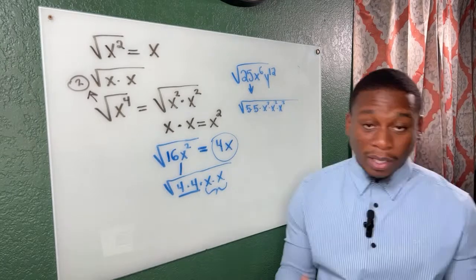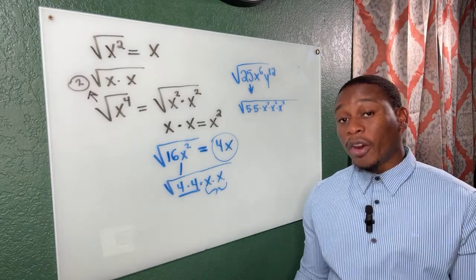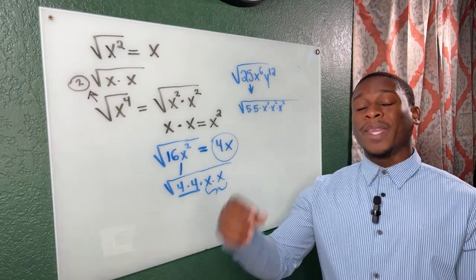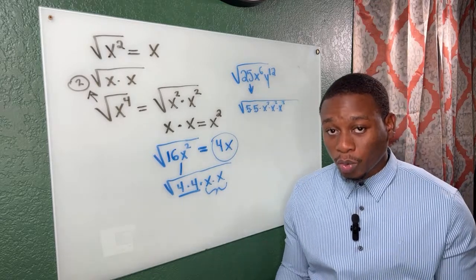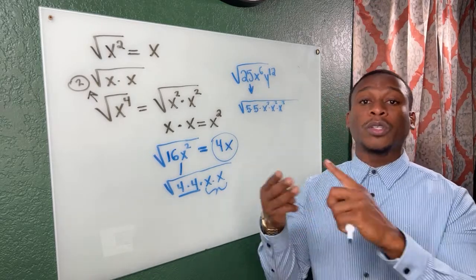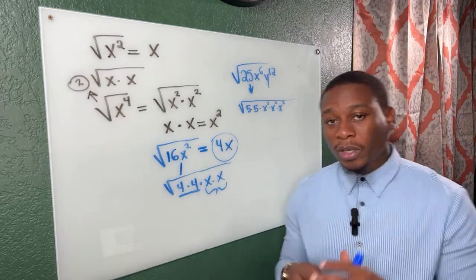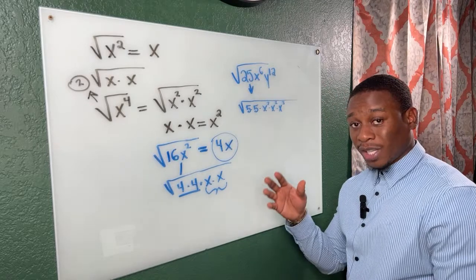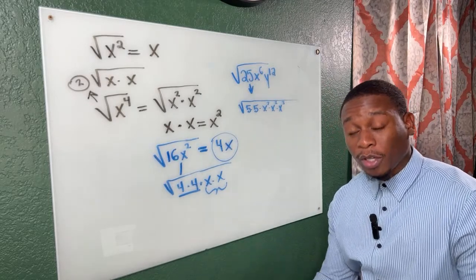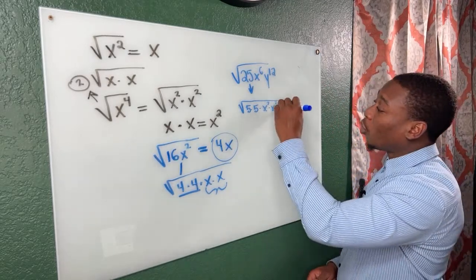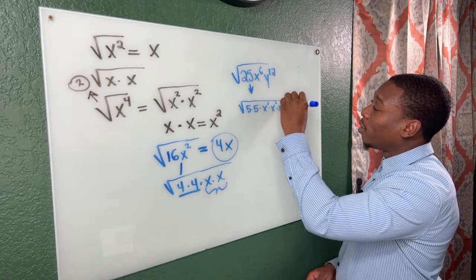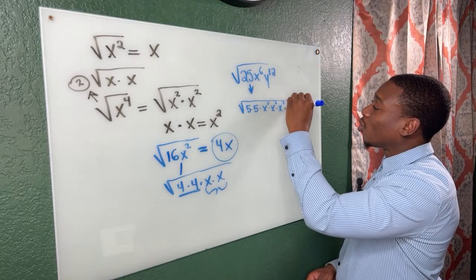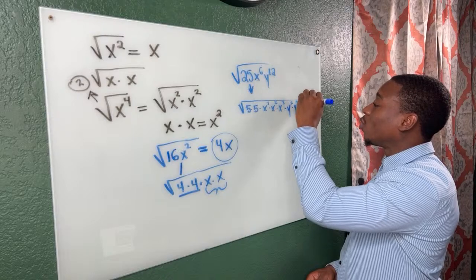Another way I try to explain this to students with variables under the radical is to think about multiples of 2. So 2, 4, 6, 8. When you split it up like that, every x squared you get counts as just x once you simplify it from under the radical. Same thing with y to the 12th.